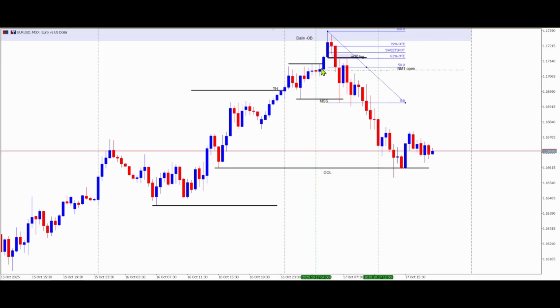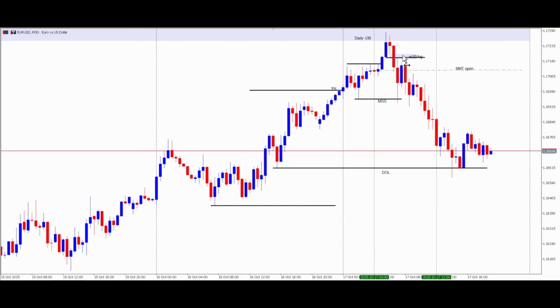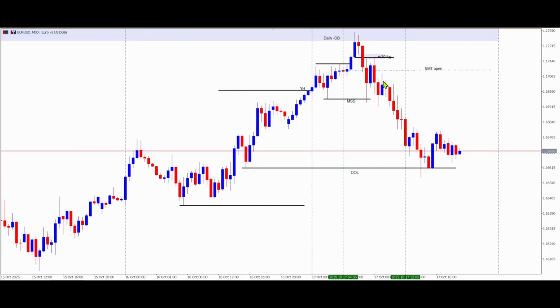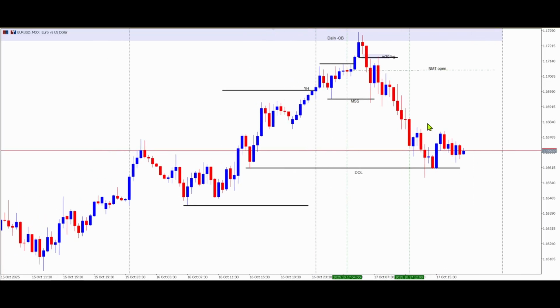And remember, these are consecutive up-close candles, so we treat them as one bearish order block with fair value gap. OTE, boom, nice sell during the London kill zone. Okay, a very nice trade right there. I banked my 1:3 nicely from there.